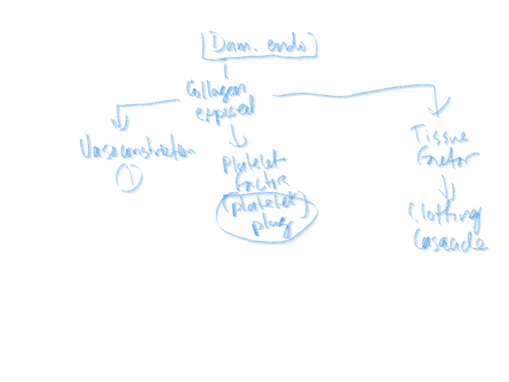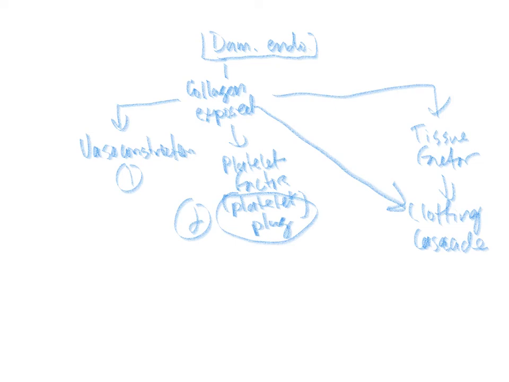So this is step 1 and this is step 2, and this clotting cascade is going to eventually lead to step 3. I'll just say that the exposed collagen also triggers certain molecules within the clotting cascade, so you get a double stimulation there for the clotting factors.